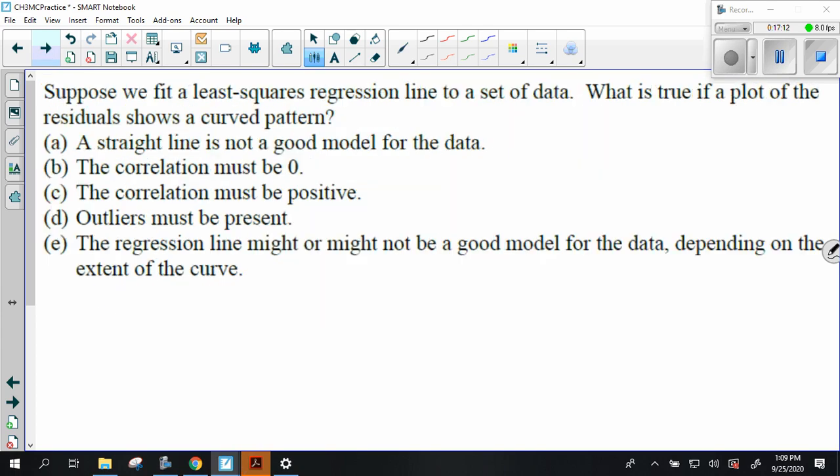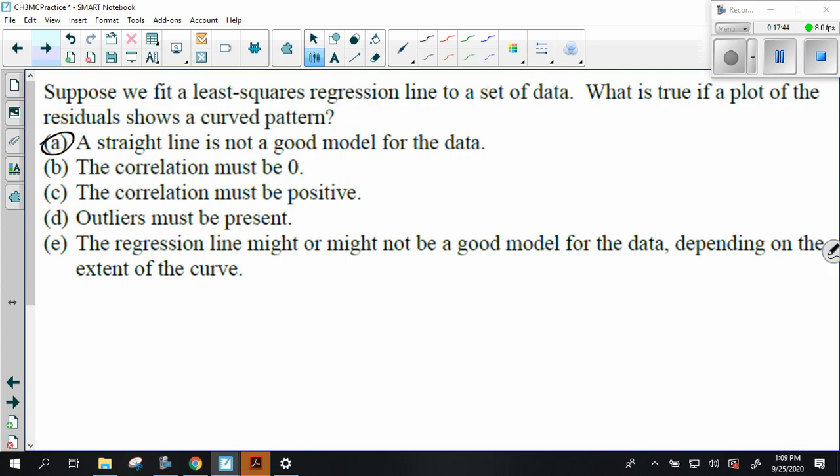All right, if we fit a least squares regression line to a set of data, what is true if a plot of the residuals shows a curved pattern? Okay, what is true? And I'm going to just tell you right now, it means that a straight line is not a good model for the data. That is all you can know about that, and that is actually what you're looking for, right?